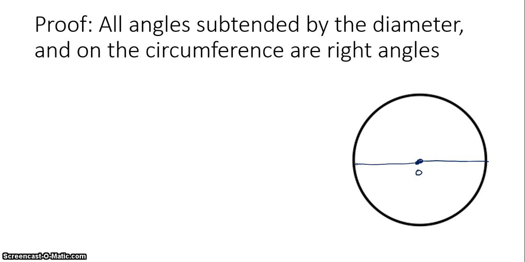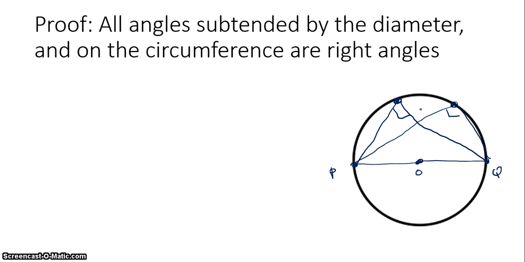And I'm going to call this point P, and I'm going to call this point Q. So it's saying that whenever you draw a point from here, you will always get a right angle. That obviously doesn't look like a right angle, but that's the theory behind it. Let me just quickly draw this. There we go. And so if you draw another one right there as well, that angle will also be a right angle.